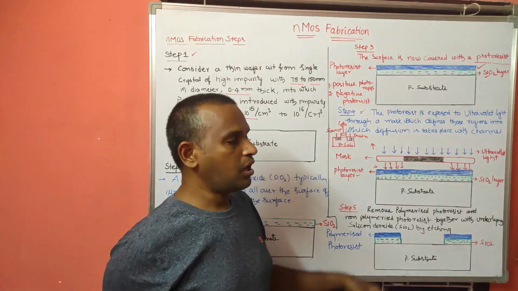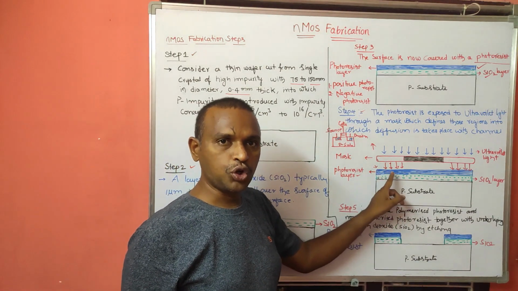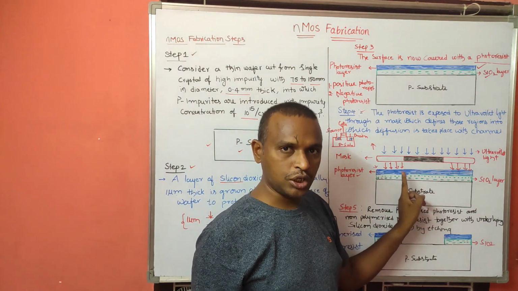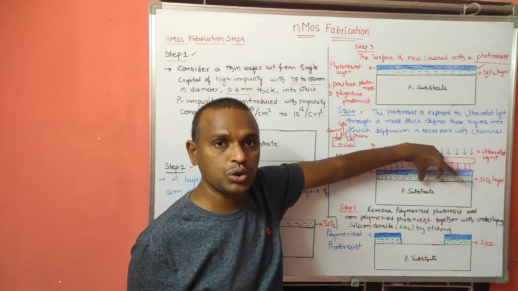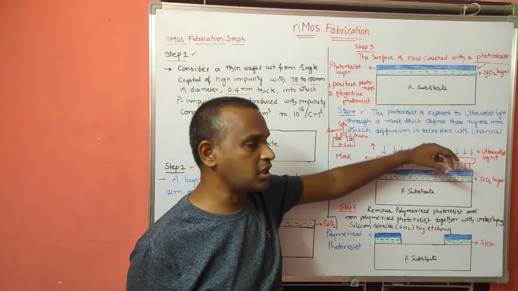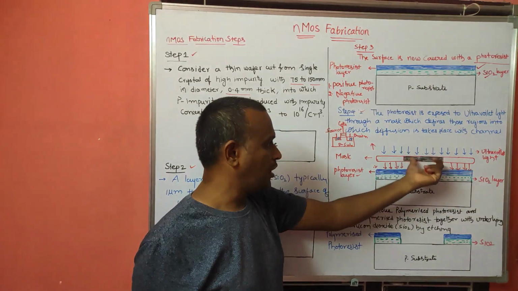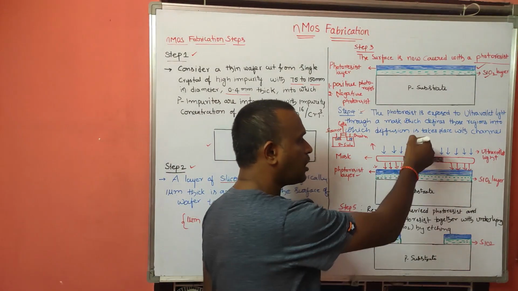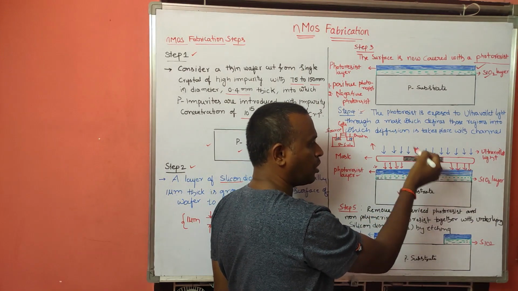The UV light passes through this glass, and the photoresist is exposed to that UV light, and here that UV light cannot pass onto the photoresist because it is not a transparent glass, so it cannot reach from here to here.